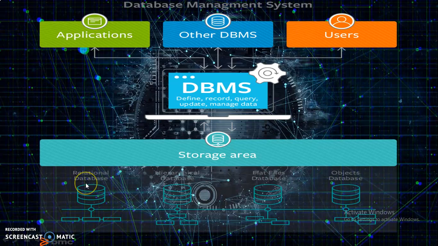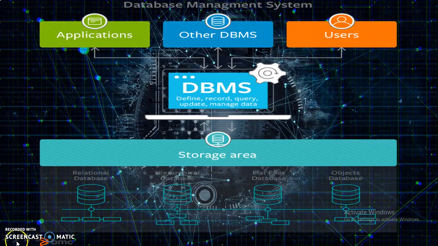The second layer is the interface, which looks like software or applications, DBMS applications or DBMS software. Those applications define data or records, query, update and manage the data from the data storage area of the database, right?